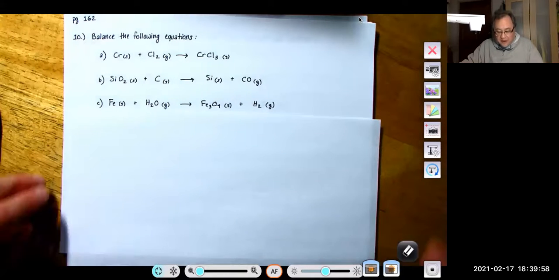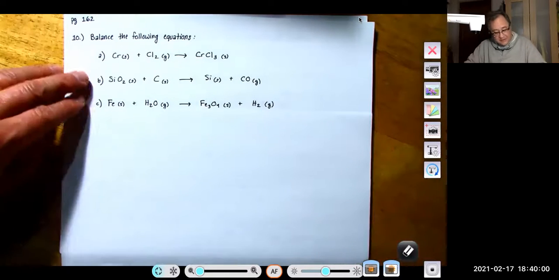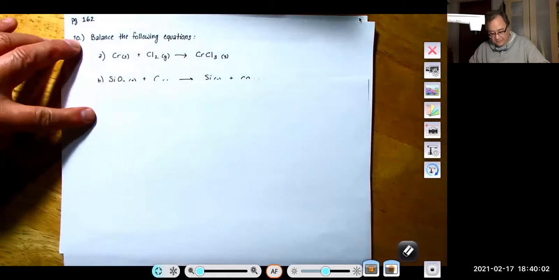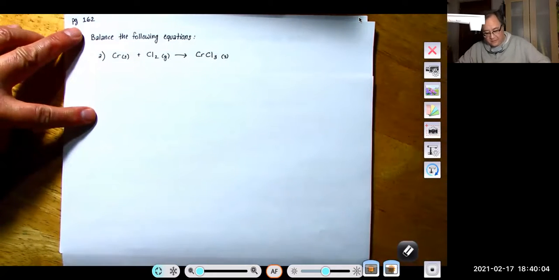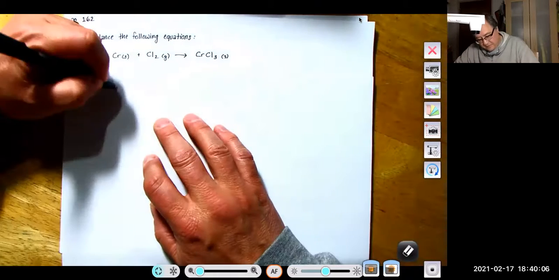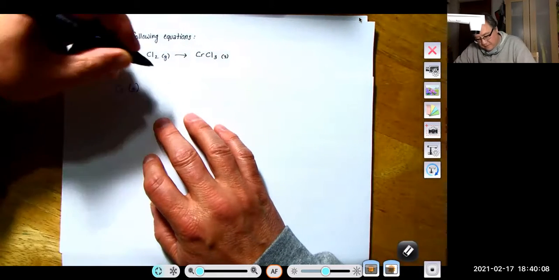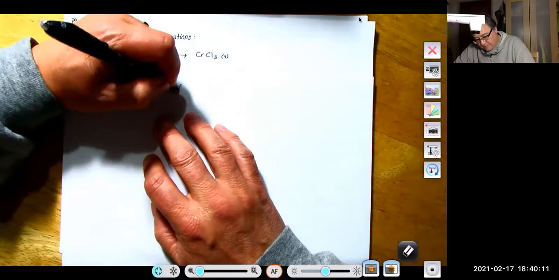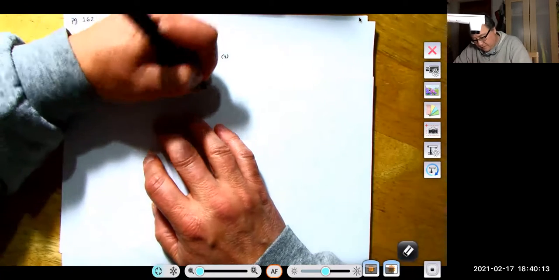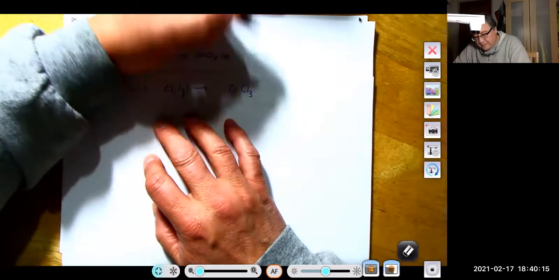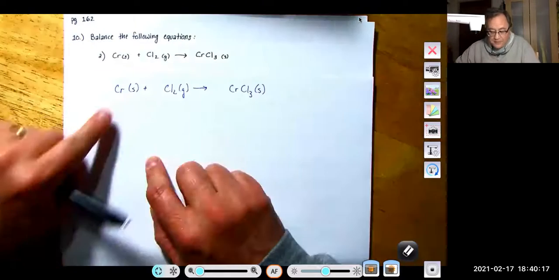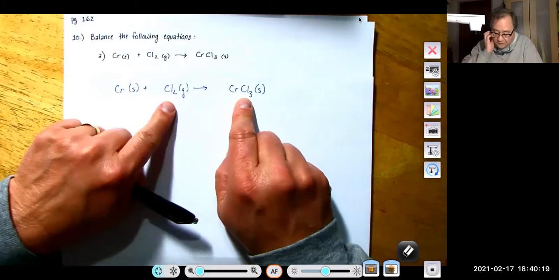This is one where the fractional coefficient could come in handy. A. So the chromiums match, the chlorines don't.